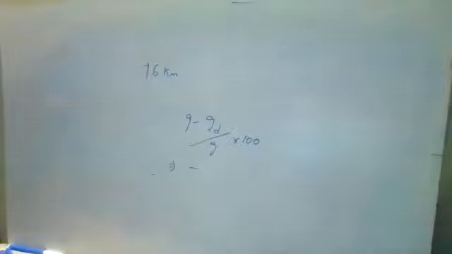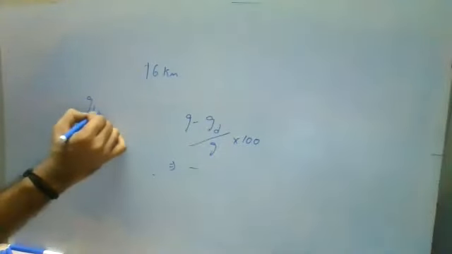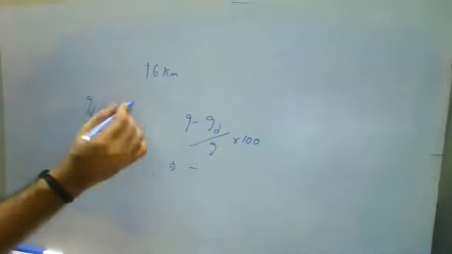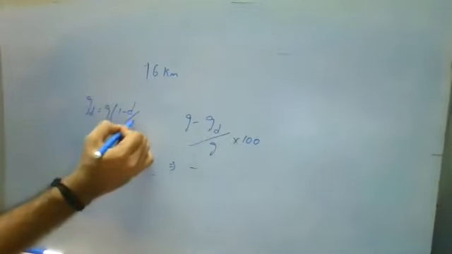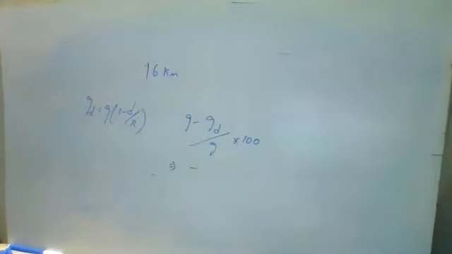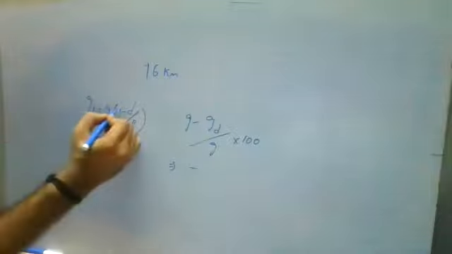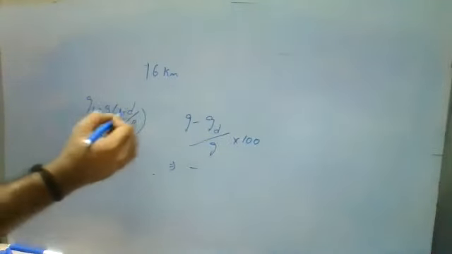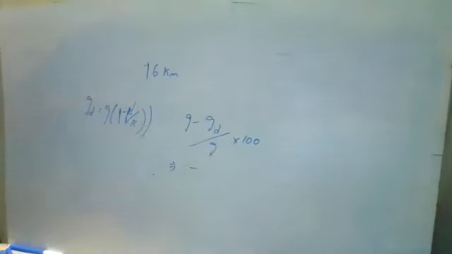So what you have to do is find gd first. The gd relation is g into (1 minus d by r). gd is equal to g into (1 minus d by r). Find gd first, then find the percentage.